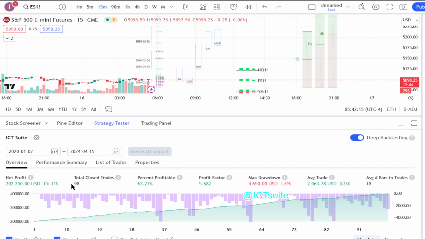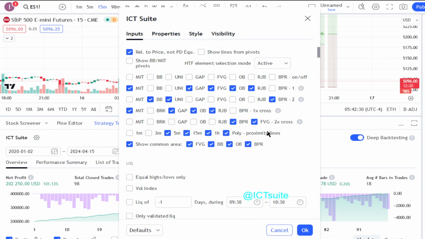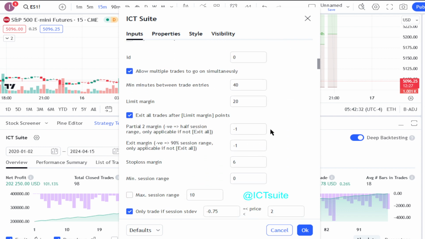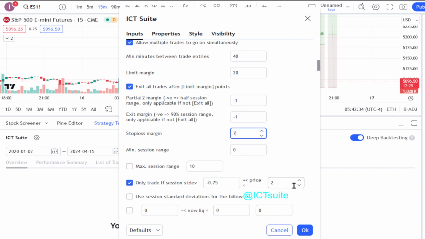Your average win per trade is 1,063 exactly. Okay. Drawdown 4,600. Seven.